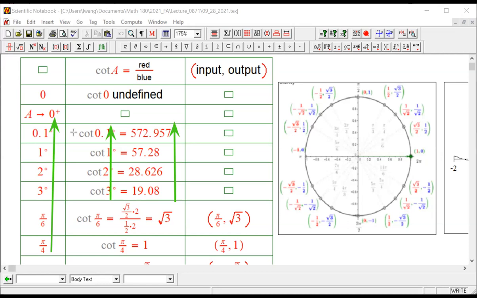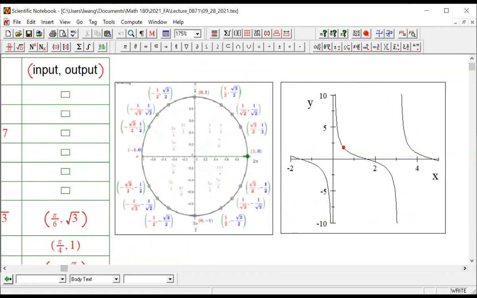So we see the tendency, we see the change: as the angles are getting closer and closer to zero, the cotangent ratio is getting larger and larger. And how is that seen in the picture? Right here.